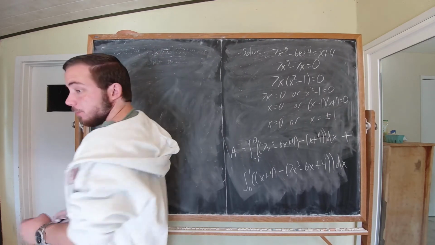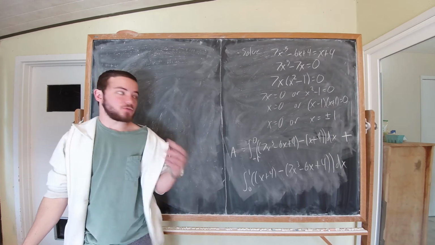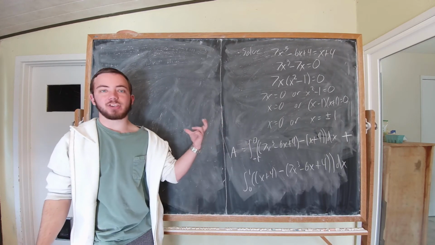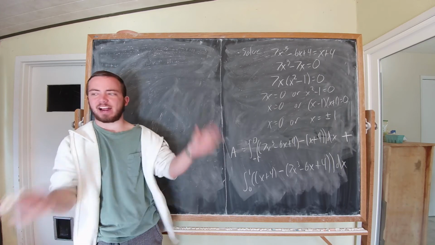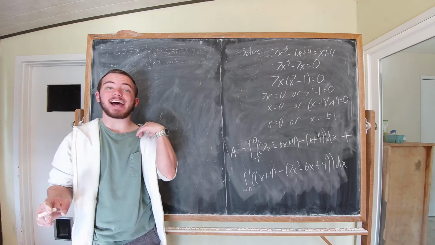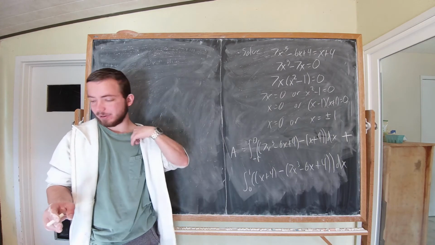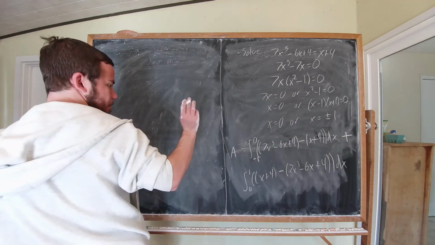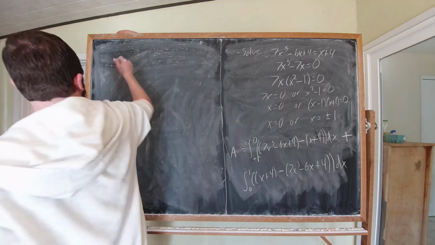Also, please note, it is important that you do the splits, because if you just try to do one of them, you would end up with 0, because the areas would actually cancel each other out, and that's not the integral we want. Let's evaluate.